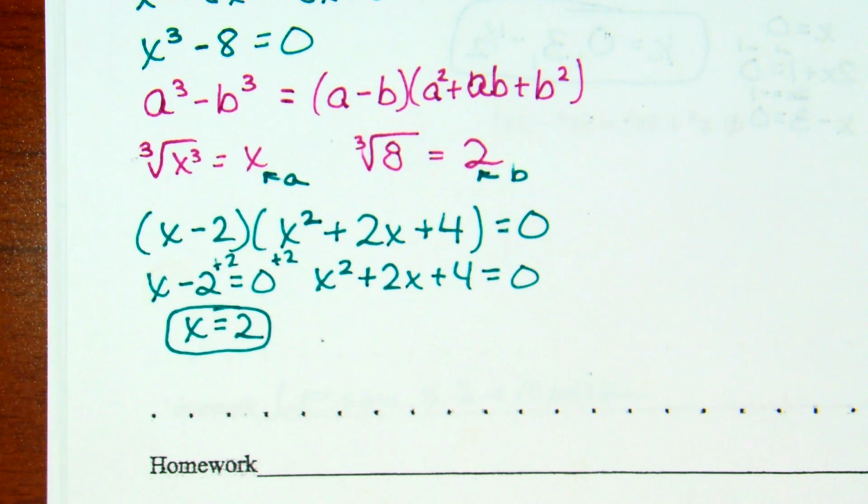I'm running out of time, guys. We got to go. X equals negative b, negative 2, plus or minus the square root of b squared, so 2 squared, minus 4 times a, which is 1, times c, which is 4, all over 2a, 2 times 1.